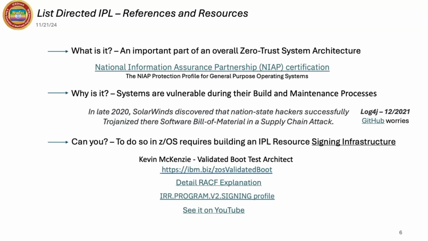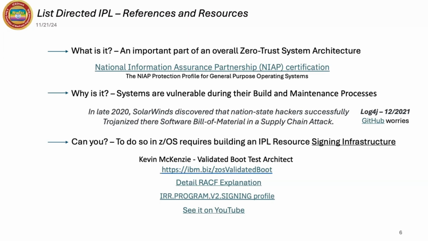Some of them explain why this is important and why it's been gaining momentum over the last 10 years or so after NIAP, the National Information Assurance Partnership, broke off from NIST, which I'm sure you're quite familiar with.